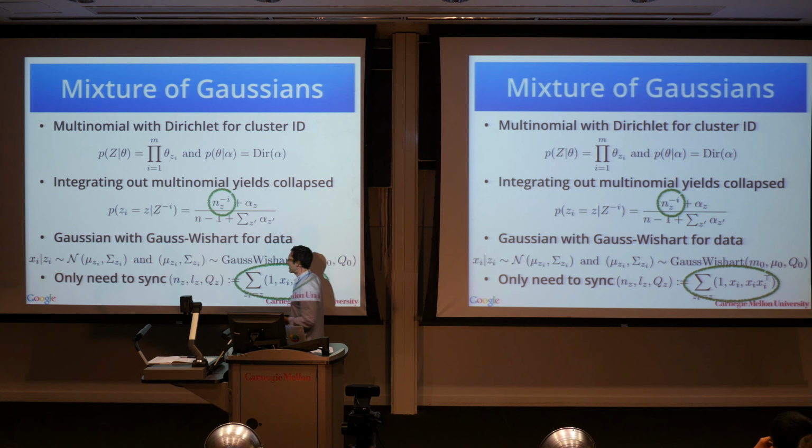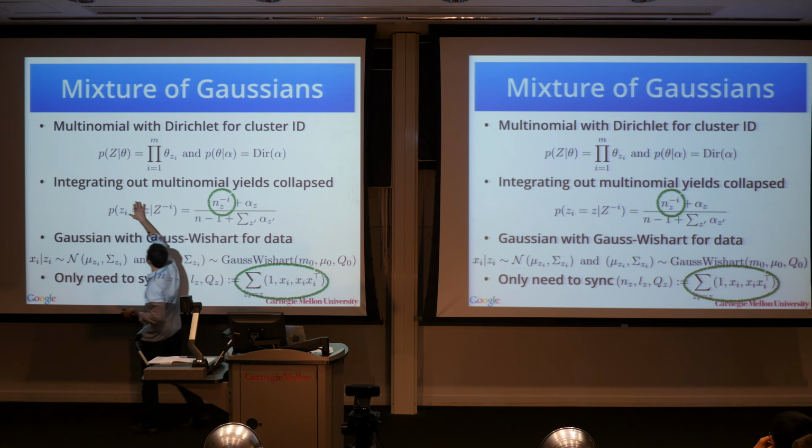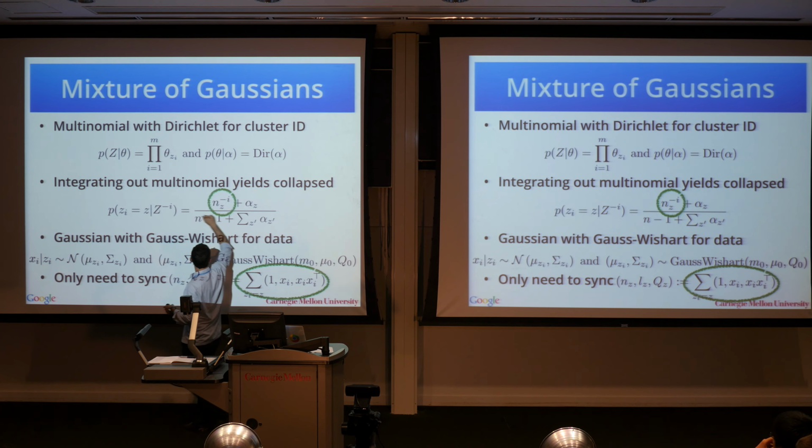But basically what it means is that if I get rid of this multinomial distribution, I can directly write out the probability that Zi equals Z, given everything else, is given by the number of times I've seen cluster C before, when ignoring this ith sample, plus some smoother, divided by total count minus 1, plus the sum of the smoothers. Okay. Who has heard about Laplace smoothing before?